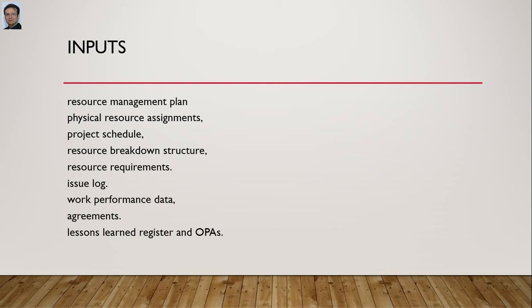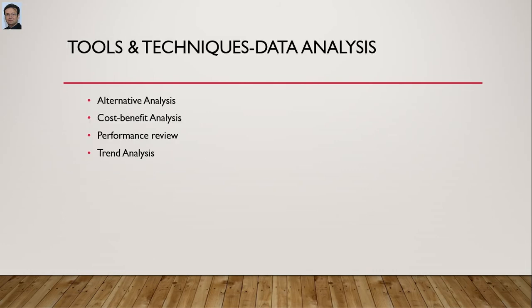And the lessons learned register and OPAs, you will have to study these documents. So let's discuss the tools and techniques of control resources. The first tool and technique is data analysis, which might include alternative analysis. This looks at where to correct variances in resource usage, such as adding more resources if an activity is taking longer than expected.